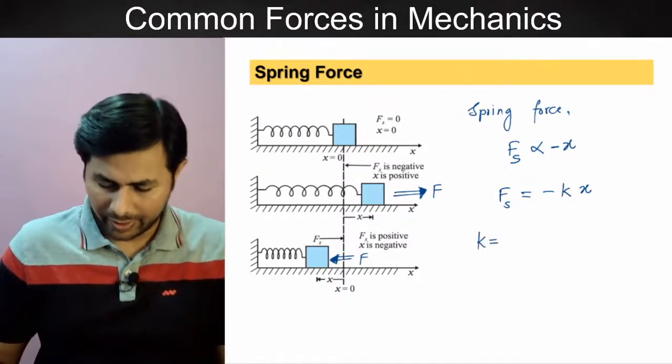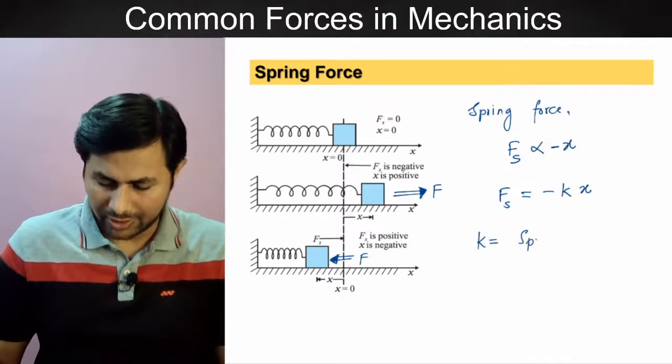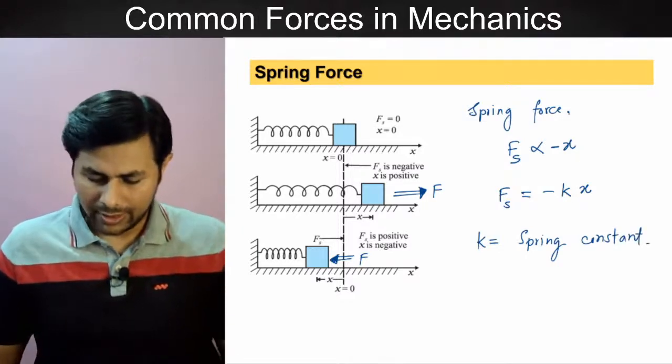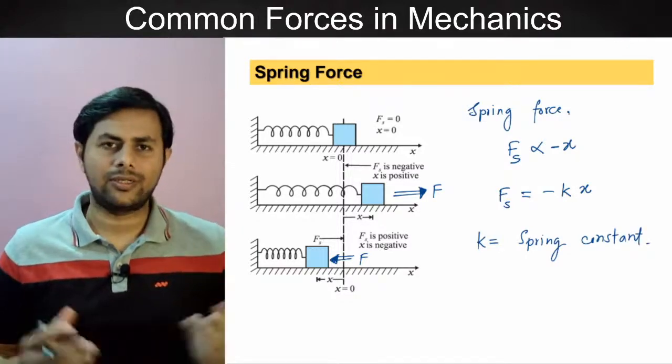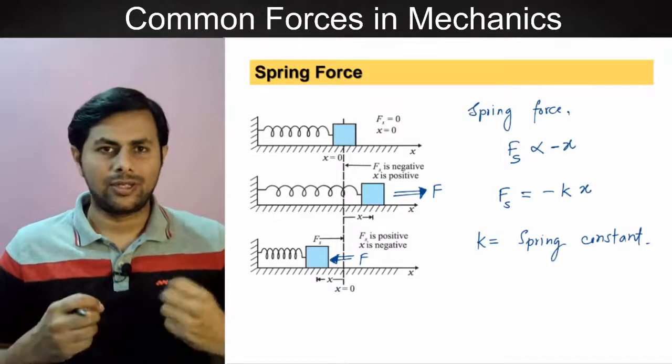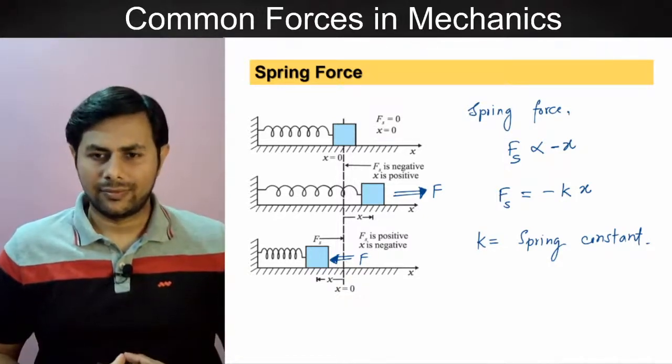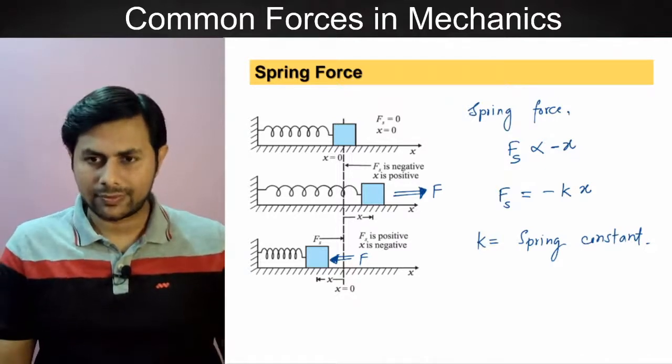This k is known as the spring constant, and it depends on the spring. It depends on the material of the spring, the thickness of the spring, etc. Is this clear?